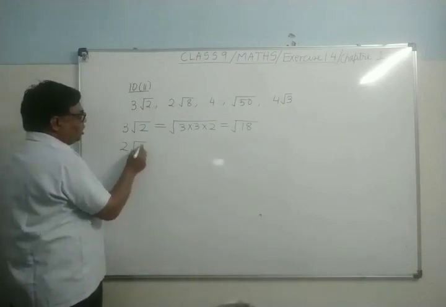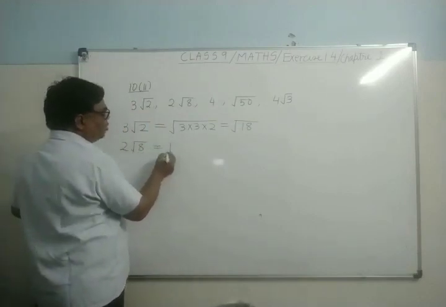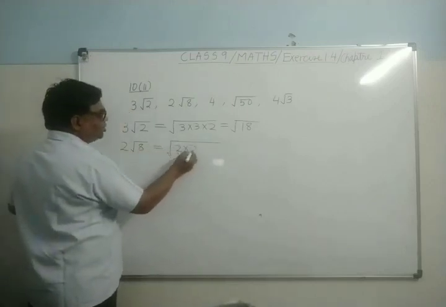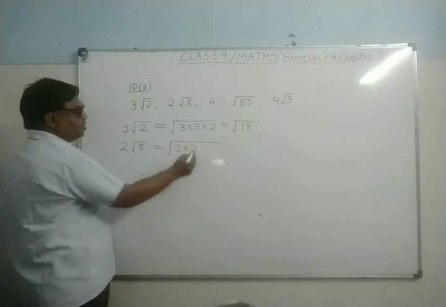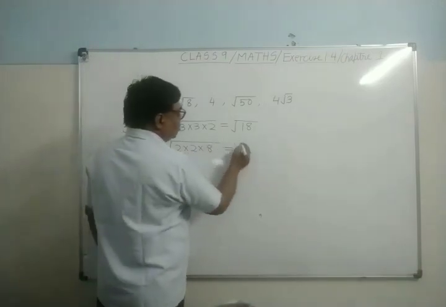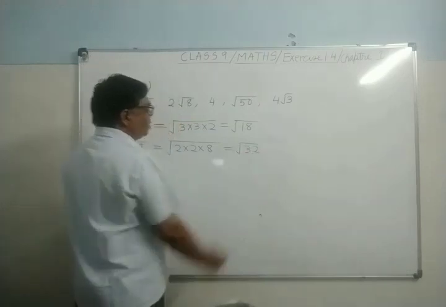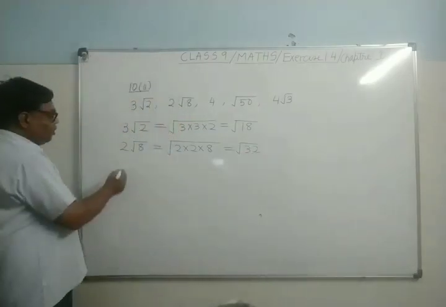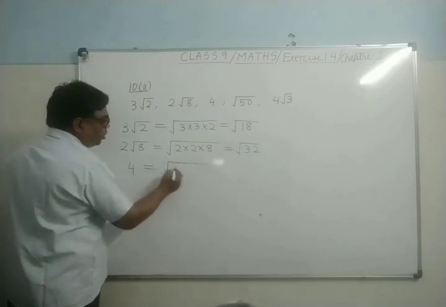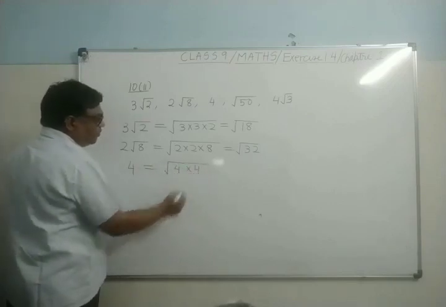Then 2 root 8. Then you take 2 inside. So when you will take 2 inside, you will write 2 times into 8. So 8 2 ja 16, it is root 32. It's clear? Every number you will write in the square root form. Here, how will you write? 4 into 4.